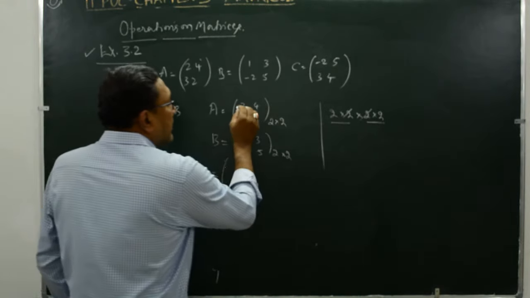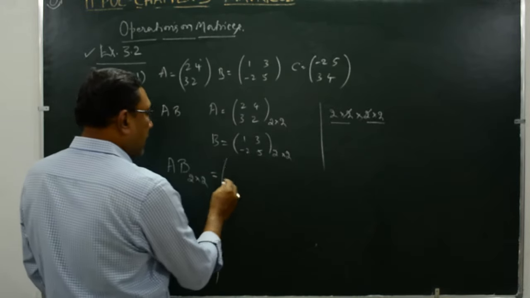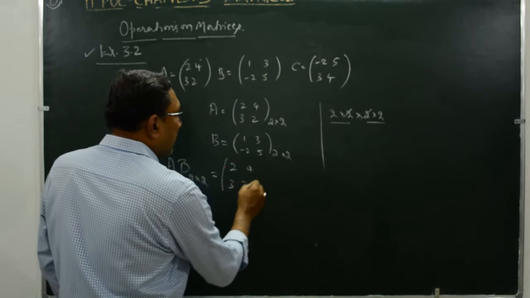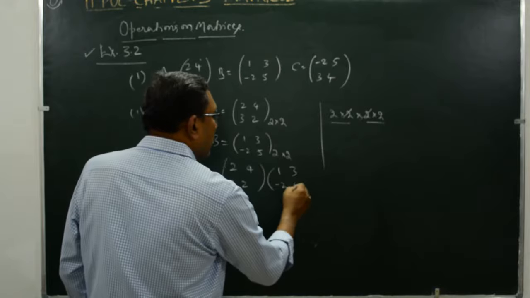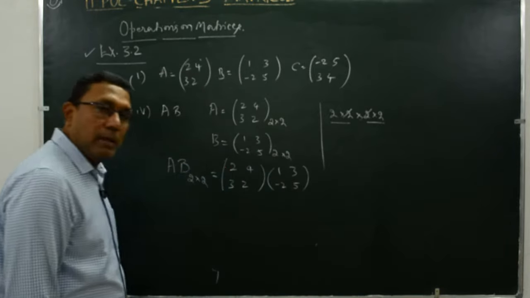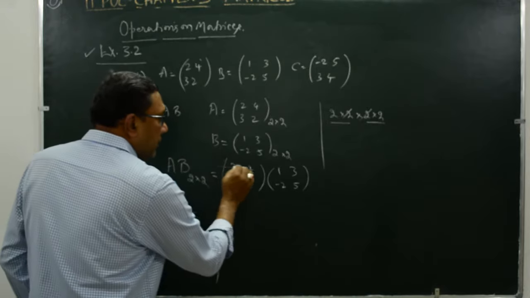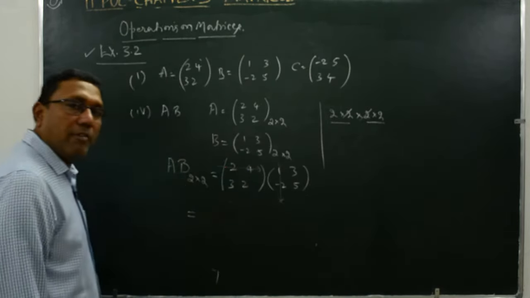Consider, I will write it next to each other so that it will be very easy for you to understand. [2, 4; 3, 2] multiplied by [1, 3; -2, 5]. There will be 4 elements. So, take the first row, multiply it with the first column of the B matrix.